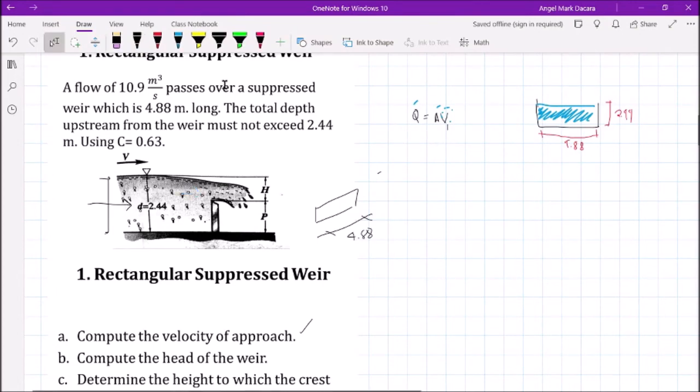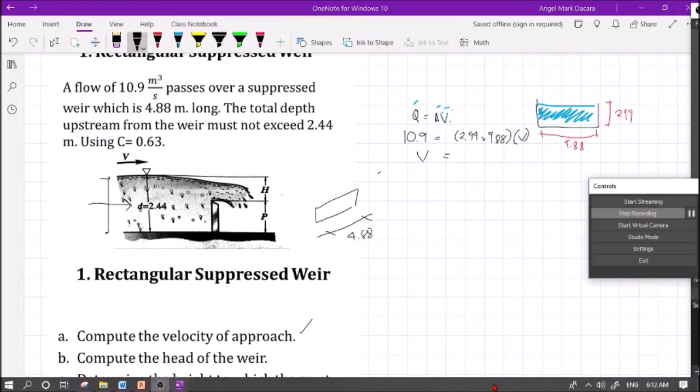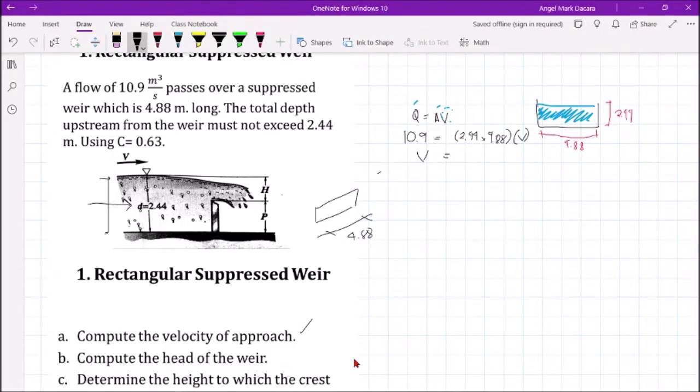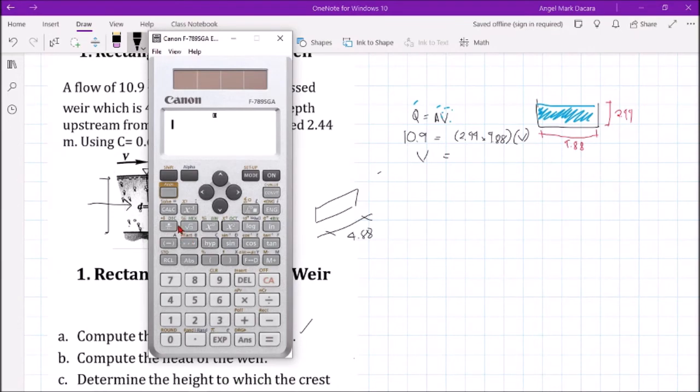Let me write bigger, I feel it's too small. 10.9, I did not write the unit, equals area 2.44 times 4.88 times V. So the velocity of approach, or the velocity of water in the channel, is 10.9 divided by 2.44 times 4.88.